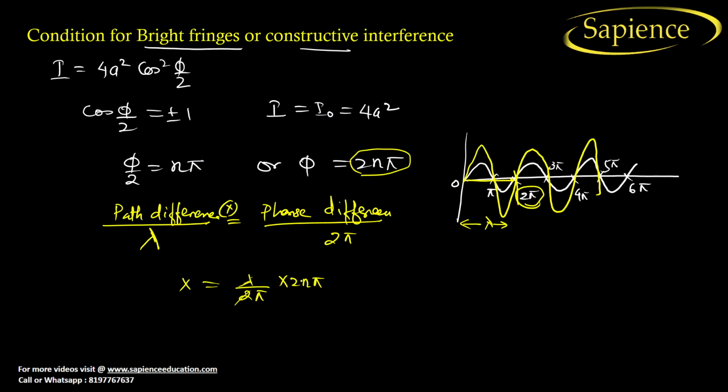So 2 got cancelled, pi got cancelled, so the path difference becomes n into lambda. So this is the condition for the path difference, where n is equal to 0, 1, 2, 3, like this.